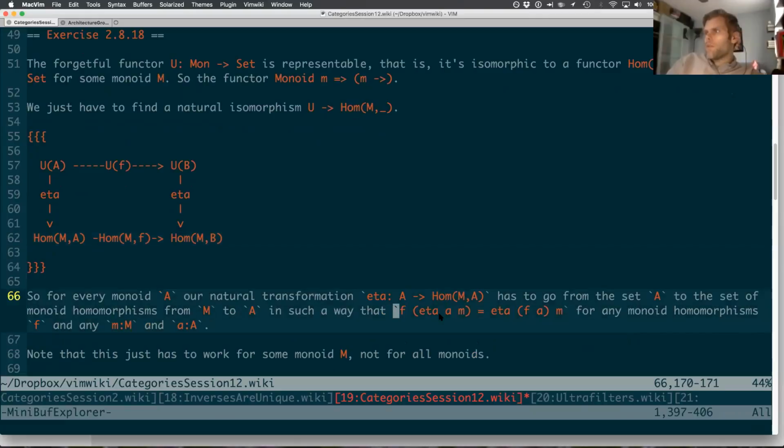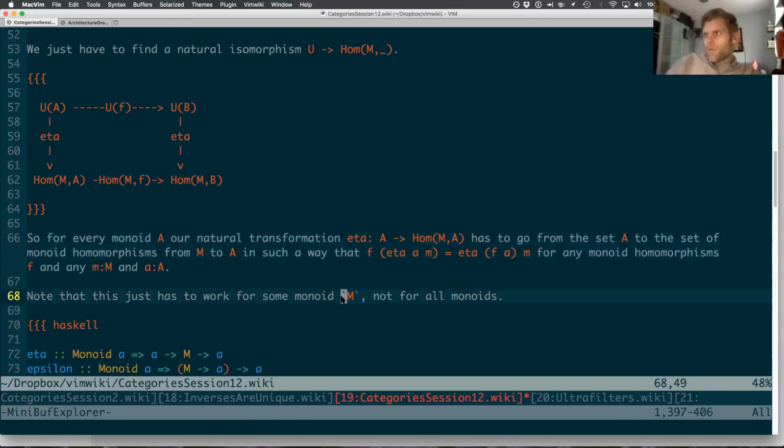So F of eta of A and M should be the same as eta of F of A and M for any monoid homomorphisms F and any elements M of the monoid M and any element A of the monoid A.